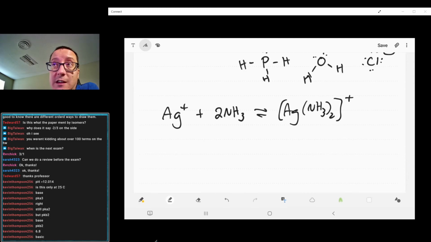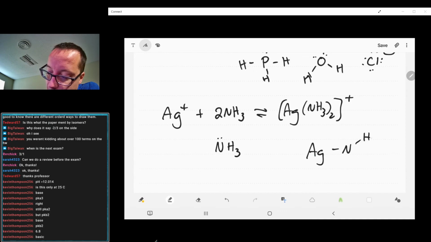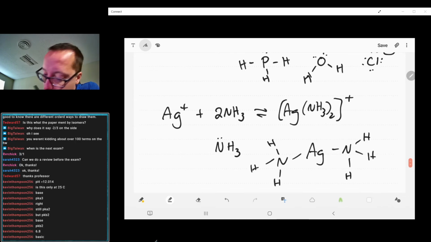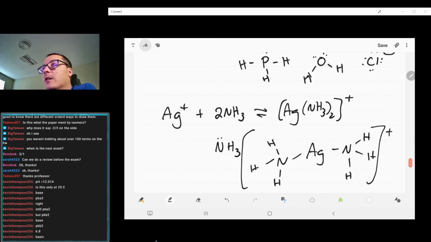With ammonia, it's got a lone pair, right? We're going to see that this might look something like this, where overall we have a positive charge hanging around here, where those lone pairs are going to be used to complex with the metal.